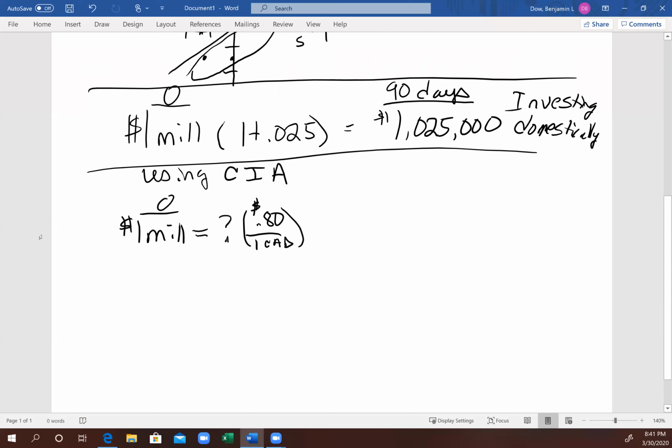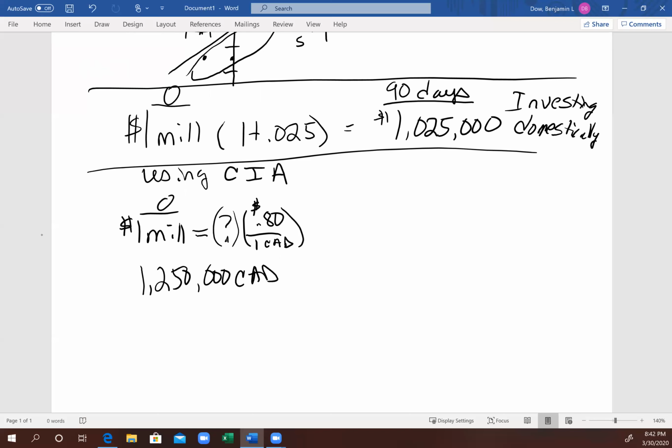So what we can see is that's equivalent to 1,250,000 Canadian dollars. So each Canadian dollar is worth 80 cents. So obviously you have more Canadian dollars if you convert 1 million US.